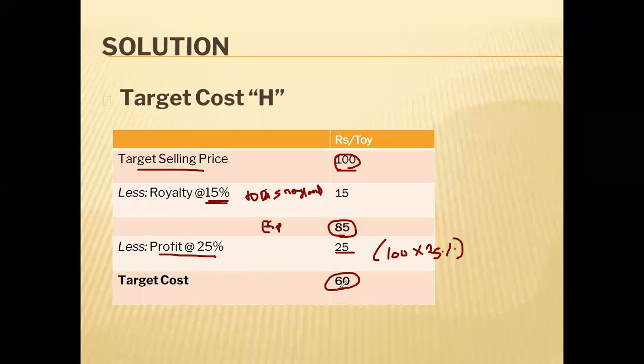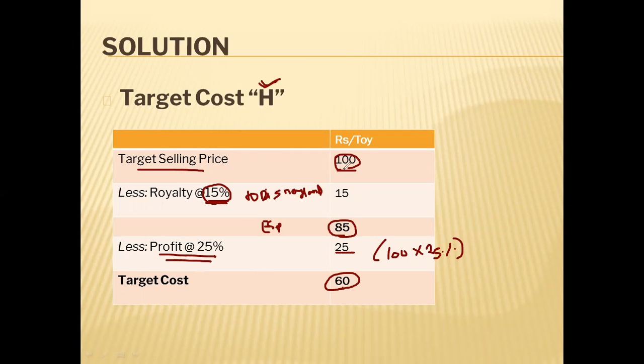Means if you want to produce this toy H, you have to produce it within 60 rupees. If you are not able to produce within 60 rupees, then you should not produce this toy. Understood? So first we have calculated the target cost: target selling price minus royalty, which is a compulsory charge to Disneyland, gives the effective selling price of 85.